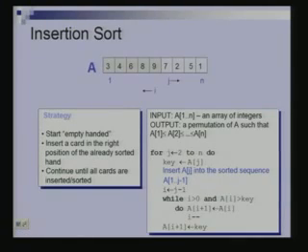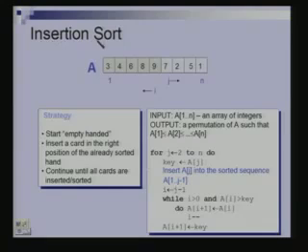So you start with your empty hand, you pick up the first card, then you take the next card and insert it at the appropriate place. Suppose you have 5 cards in your hand already, let's say 2, 7, 9, Jack and Queen. Then I get an 8. I'm going to put it between 7 and 9. That's the right place for it. So I am inserting it at the appropriate place, and that's why this technique is called insertion sort.